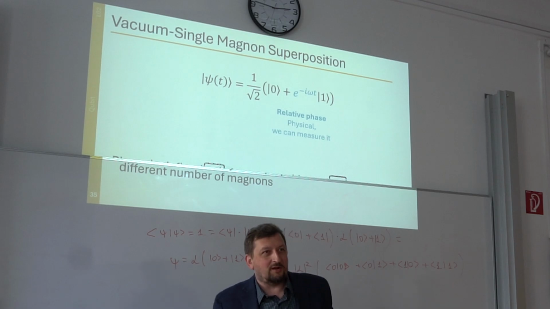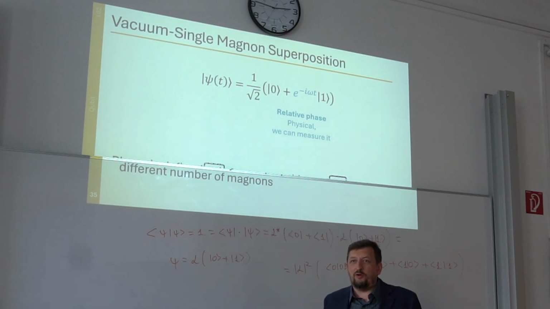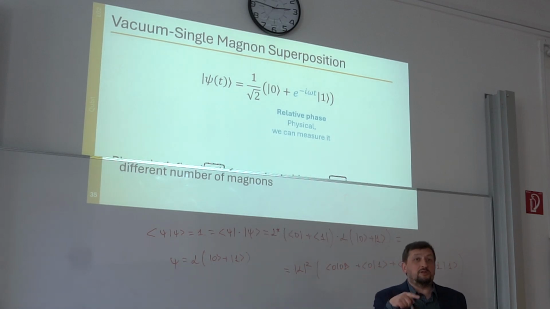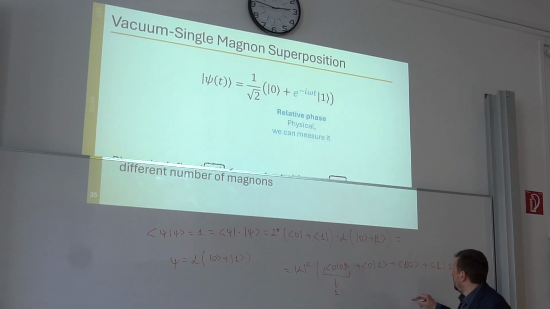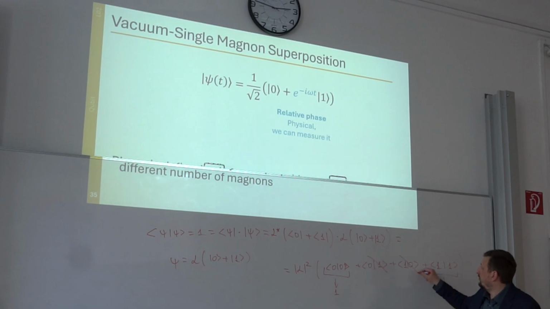Now, these 0 and 1 may represent different things: magnons, ground and excited states of an electron, it doesn't matter. What's important is that they form a basis. It means the scalar product of a state with itself is 1, and they are orthogonal, so the cross terms are 0.